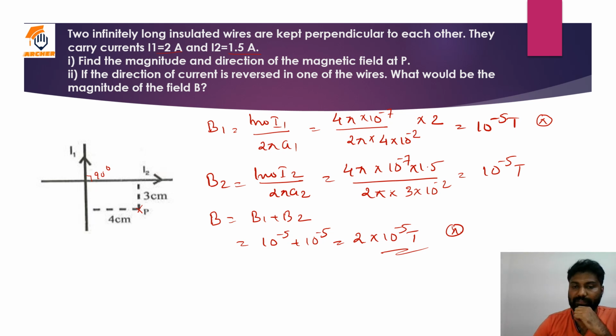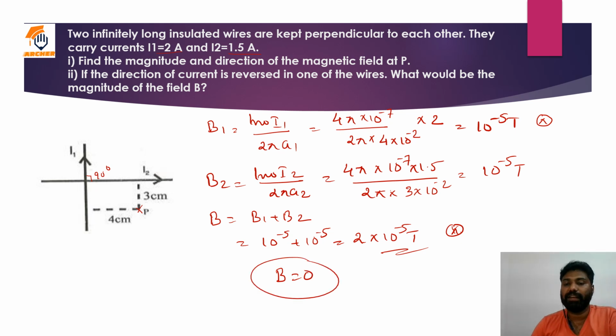And the next question is, if the direction of current in any one wire is reversed, then the magnetic field will be 0 there. So here the magnetic field B will be 0.